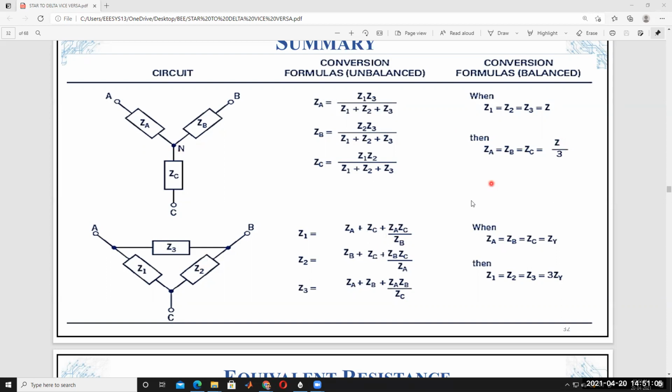Delta to star, you will get Z by 3, and star to delta, 3 times Z. So this is the expression, circuit and conversion.